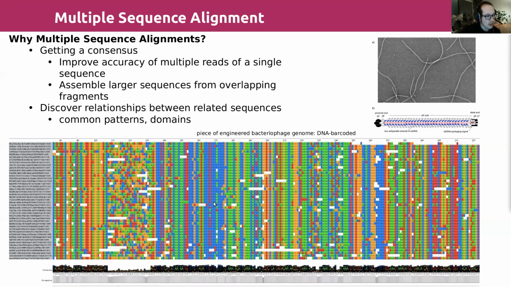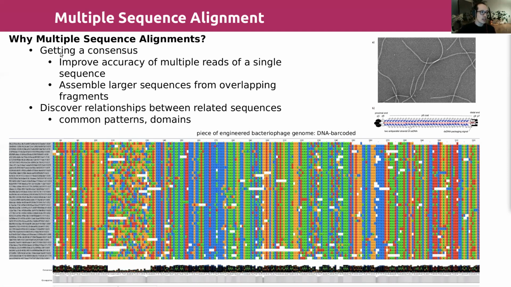In contrast, the other regions represent the conserved rest of the genome, which is the same among individuals. And there's another barcoded region, a smaller region here. So you can see how you get some interesting information from these multiple sequence alignments.